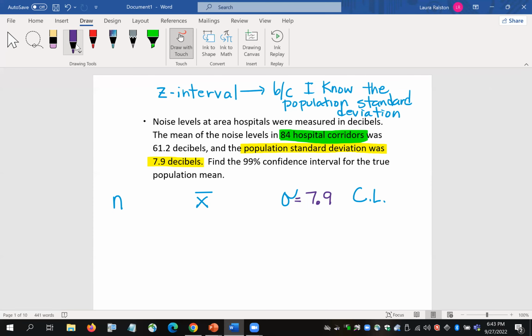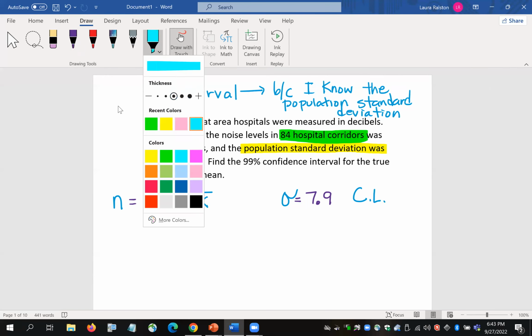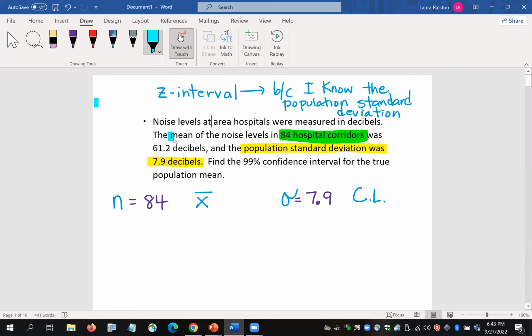So my sample size is 84. My sample mean, it says the mean of those 84 hospital corridors was 61.2 decibels.